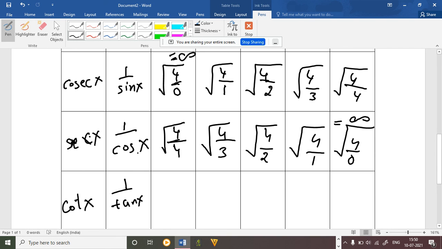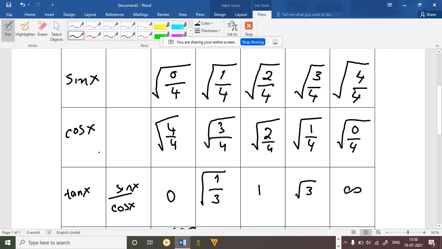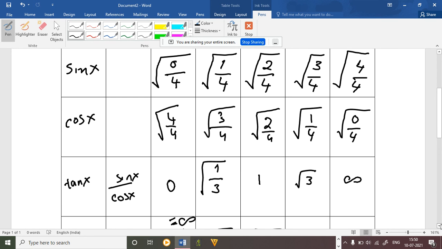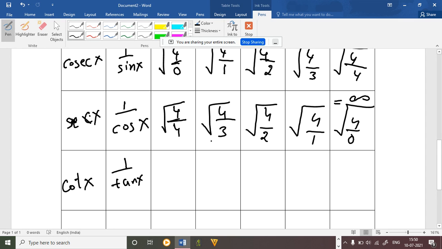Tan x starts with 0, so this starts with infinity, then root 3, 1, 1 by root 3, and 0.